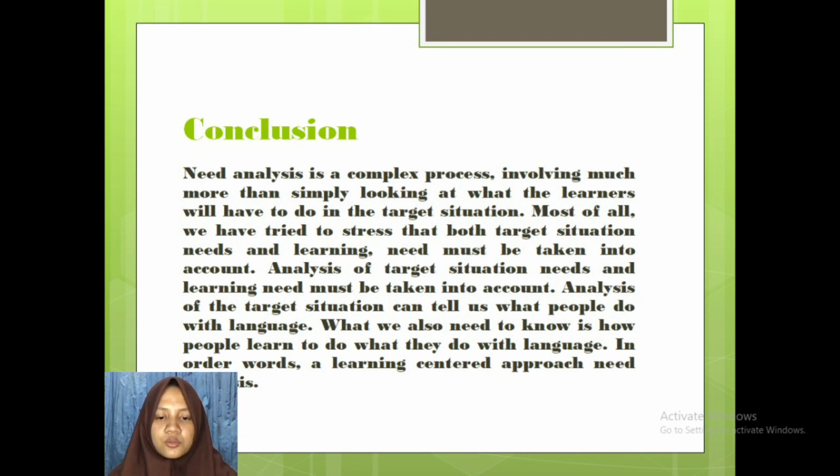Analysis of the target situation can tell us what people do with language. What we also need to know is how people learn to do what they do with language. In other words, a learner-centered approach to needs analysis.